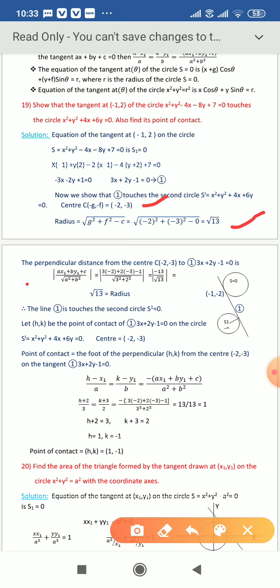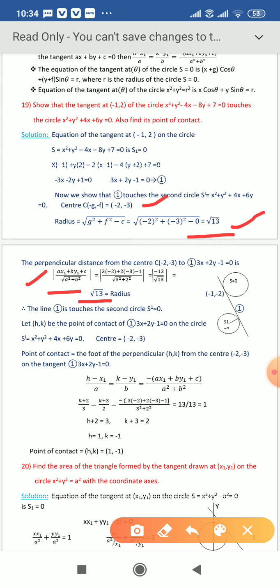Now we find the perpendicular distance from the center (-2, -3) to the line 1. That is, the line is 3x plus 2y minus 1 is equal to 0. You know the formula, modulus of (ax1 plus by1 plus c) by root of a square plus b square. We have that value as root 13. Root 13 is nothing but the radius of the second circle.